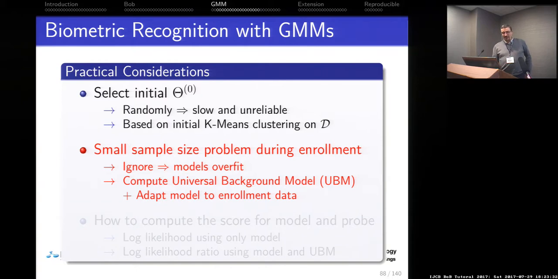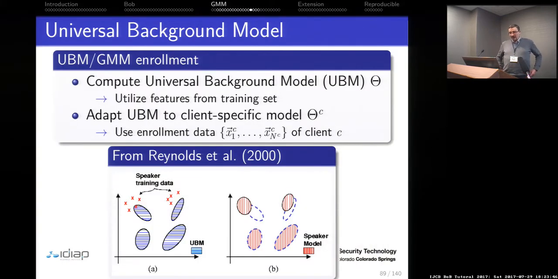Then for each model, we adapt the UBM to this particular identity using the enrollment data, with maximum a posteriori adaptation.